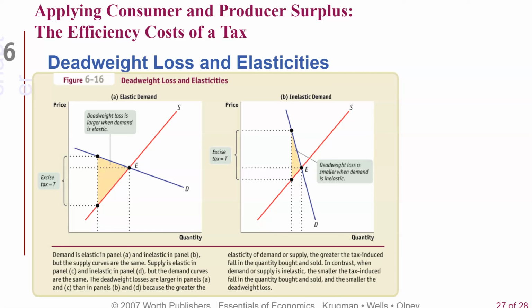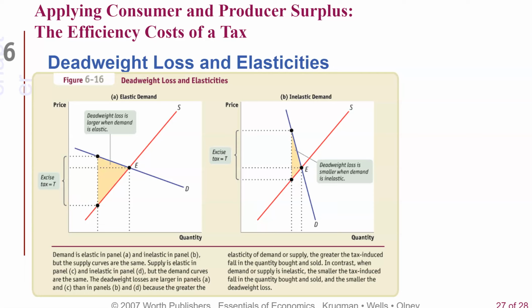So if you look at the graph on the left, this is elastic demand. Notice that the consumers have much more sensitivity to changes in price. So at equilibrium, you notice that the consumer is bearing some burden of this, but it's producers that are going to bear more of this burden because the demand is elastic, very sensitive to changes in price.